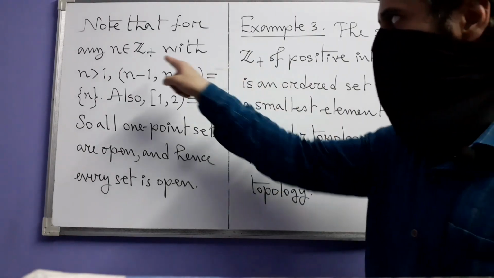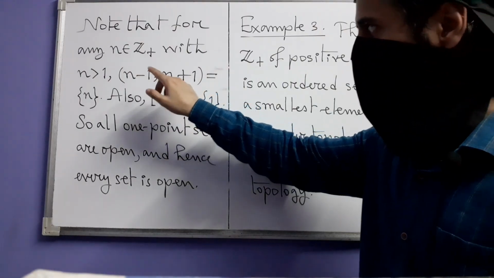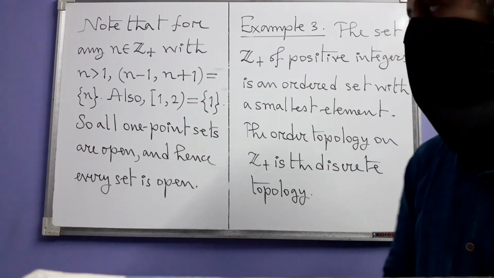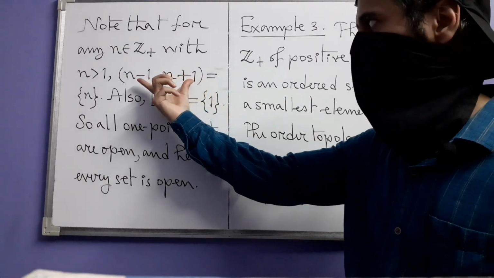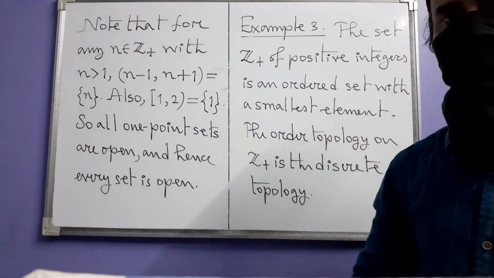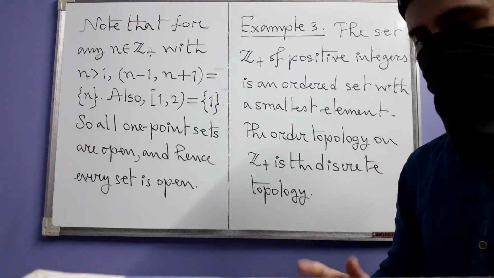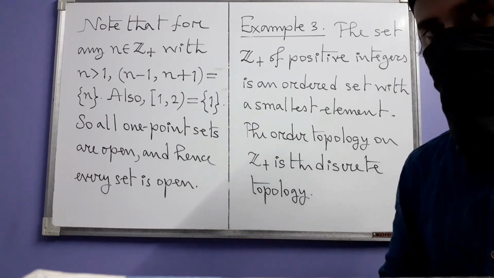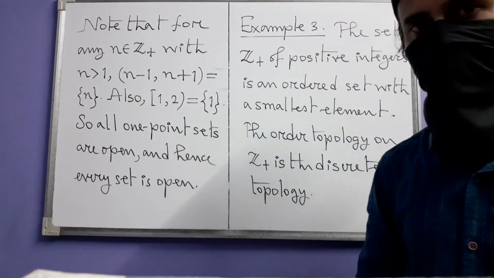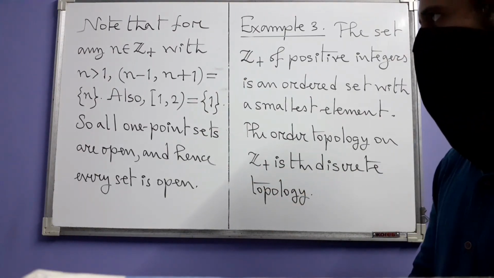Because we are in the ordered set Z plus, this open interval actually is just the one point set consisting of n. But this open interval by the definition of order topology is a basis element in the order topology on Z plus. And so by definition it is itself an open set, and that is why this singleton set consisting of n is an open set in the order topology on Z plus.